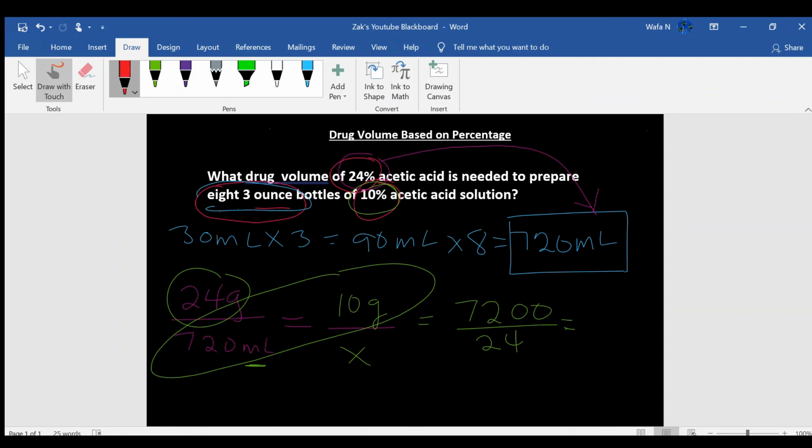Let me know if you got something different, but 300 milliliters should be the answer to our problem. So 300 mL is the volume of 24% acetic acid that is needed to prepare 8 3-ounce bottles of 10% acetic acid solution.